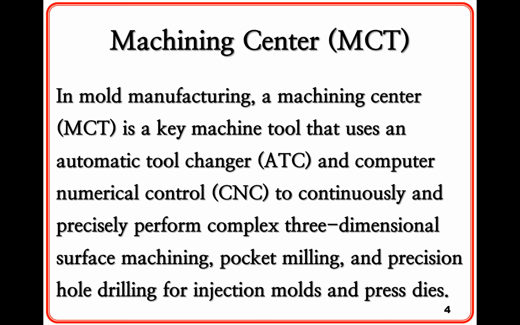The table moves forward, backward, left and right, while the cutting tools and spindle move up and down according to NC commands. A machining center is also equipped with an automatic tool changer, or ATC. This allows the machine to automatically change cutting tools and perform various operations including milling, drilling, boring, and complex contour machining.